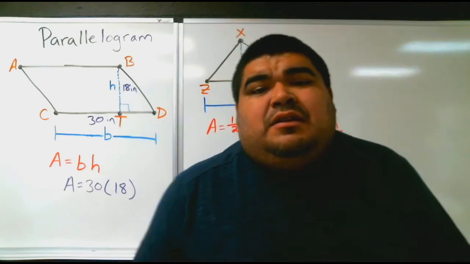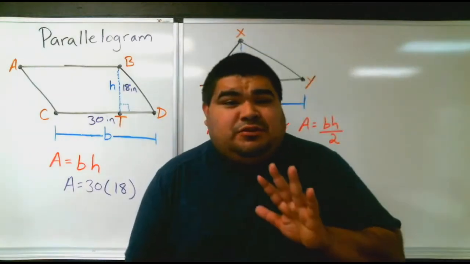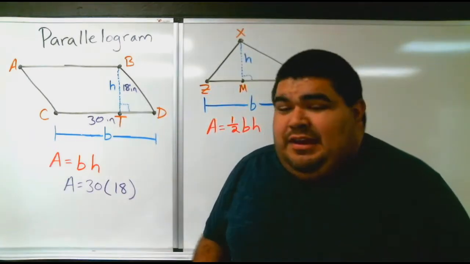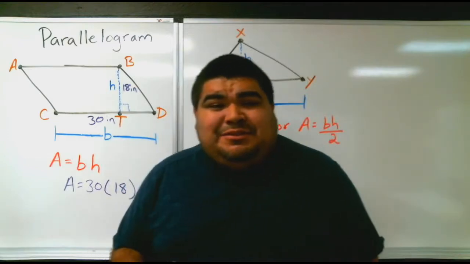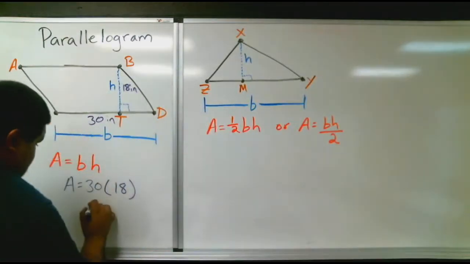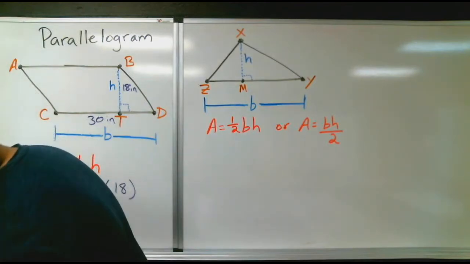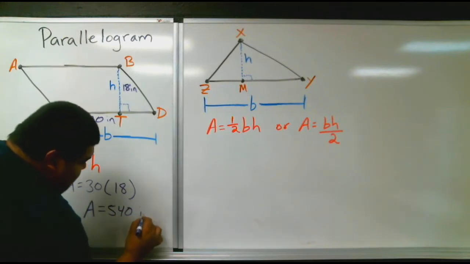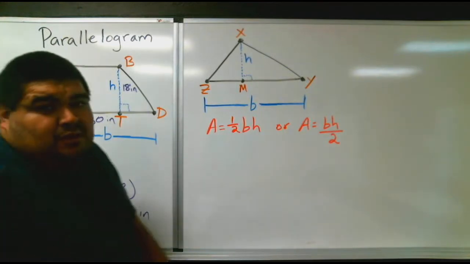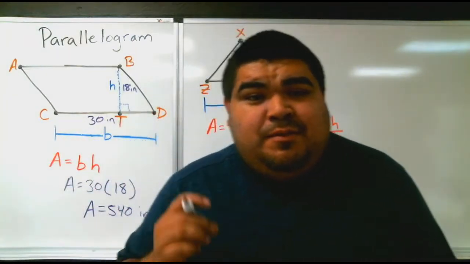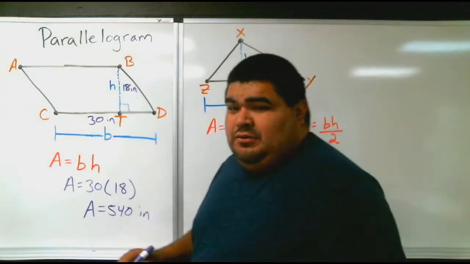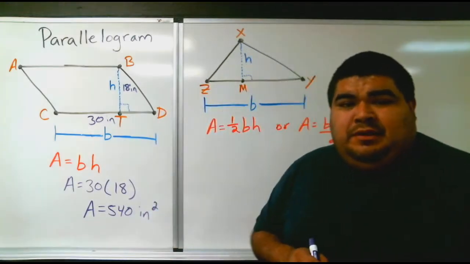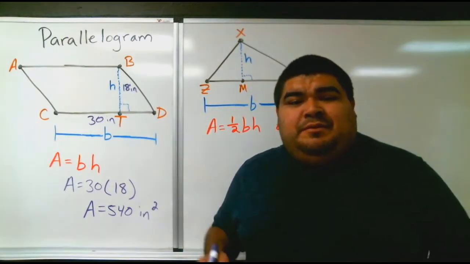If you don't know what 30 times 18 is, you can always use a calculator. Remember, your phone has a calculator. Once you multiply 18 times 30, the area is 540 inches. Since we're dealing with area, remember, area is always squared, so there's a little 2 after inches. That's it. Very simple concept today.